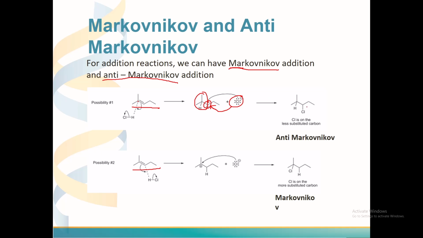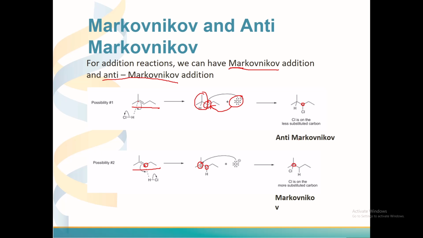Now in this case, the chlorine goes to this carbon. This is number 1. Possibility number 2, it's the same way that the hydrogen goes to this position, so it's still the same double bond, but now the carbon which takes the hydrogen is this carbon. Okay, so now the carbon which binds to hydrogen is this one, which makes this carbon positive now. That means the chlorine will be attracted to this carbon. Now you got this position.